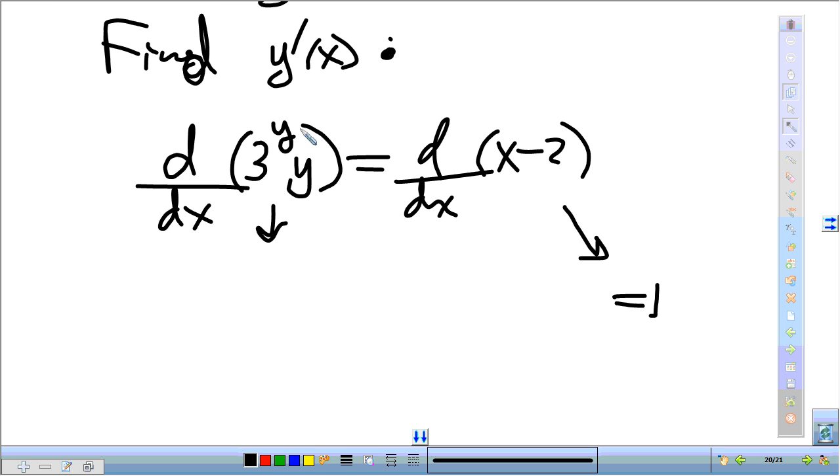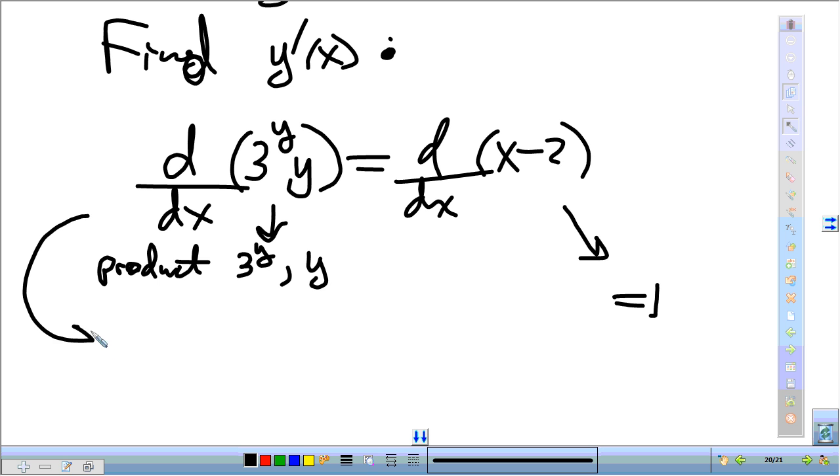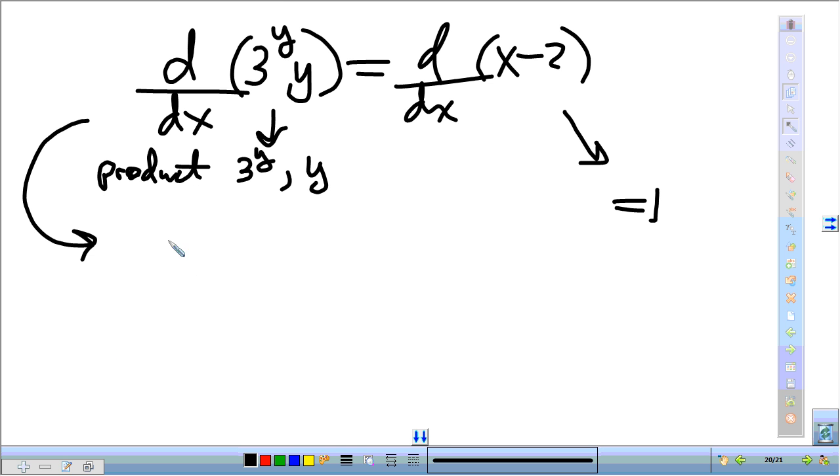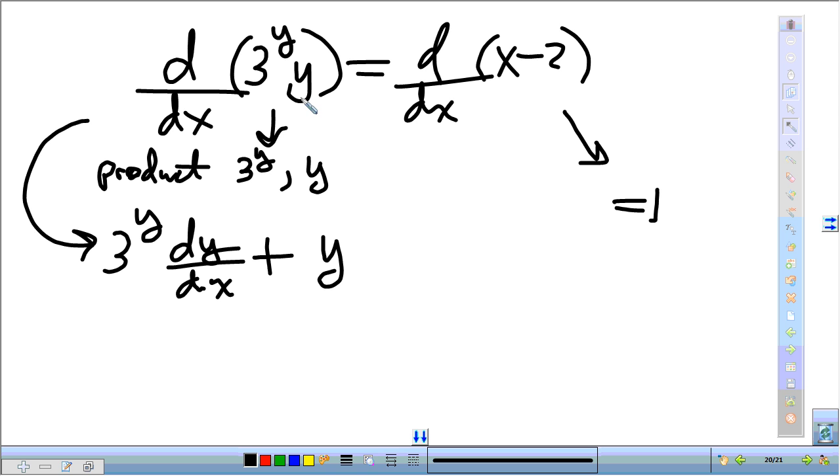The other side is written as a product of the function 3 to the y and a function y of x. So if we apply the product rule, we would have one of those, say 3 to the y, times the derivative of the second in the product, plus the other, y, times the derivative of the 3 to the y.